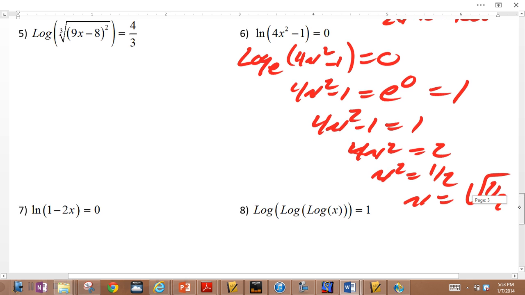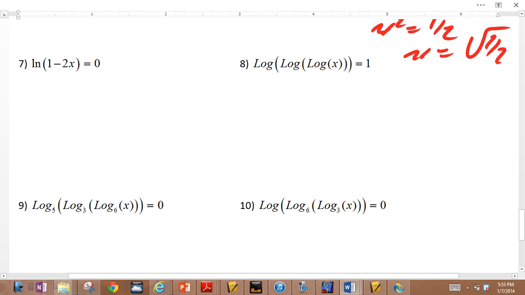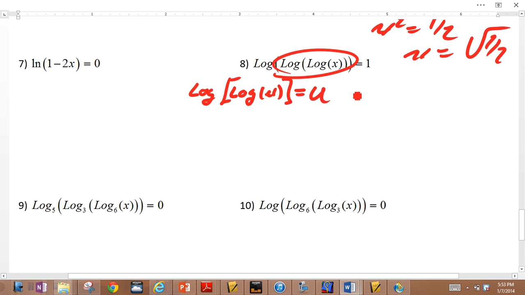Come down here. The log of the log of the log. Well, now it looks awkward. Do a substitution to make it look more user-friendly. That whole item there is going to be replaced. In other words, the log of x is going to be, for the time being, substituted with u.